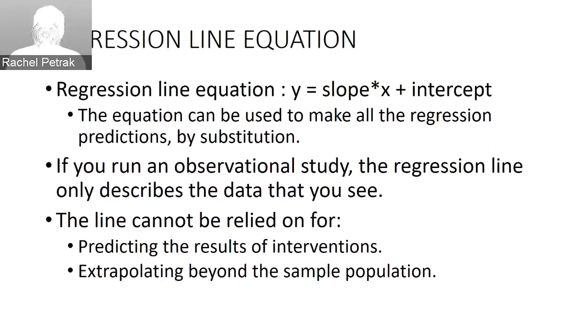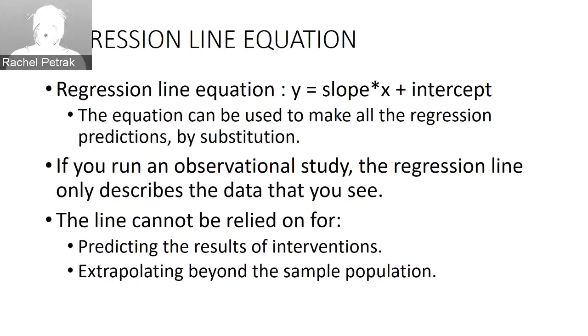Remember that if you run an observational study, or if you're using observational data, like for example, the GSS data that we've looked at in lab, the regression line only describes the data that you see. So you can only make predictions about folks similar to that population.